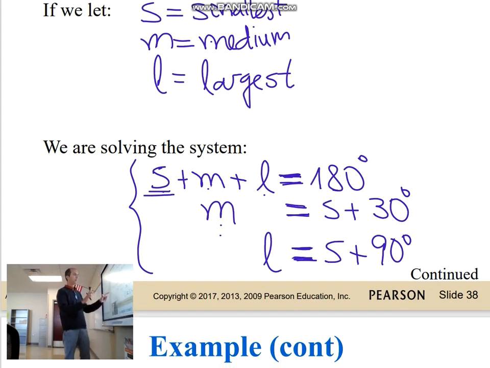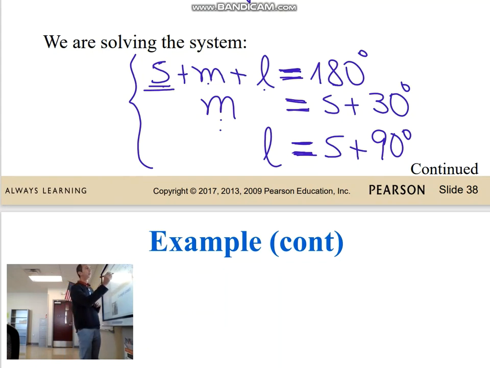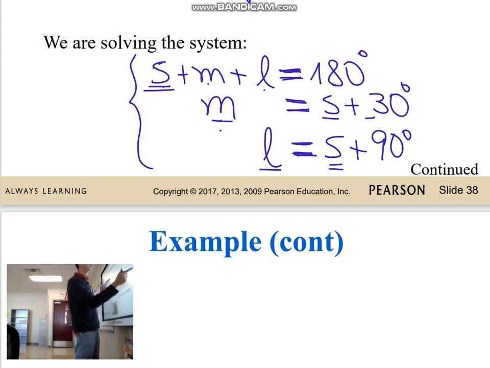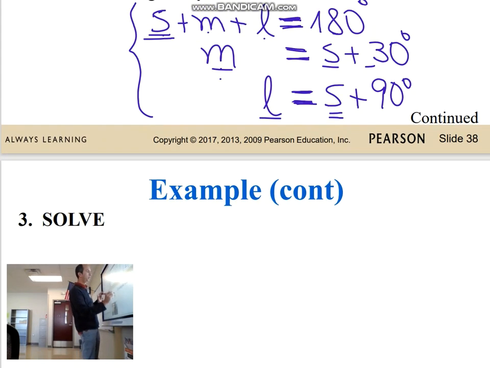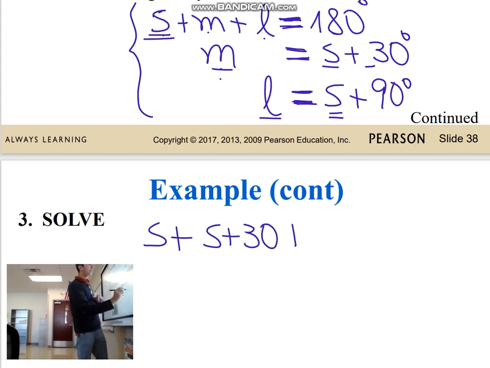I think the best option is the substitution method, because we already have M as a function of S and L as a function of S. So we can plug into the first equation and solve for S: S plus the median angle S plus 30, plus the largest angle S plus 90, and they all add up to 180.